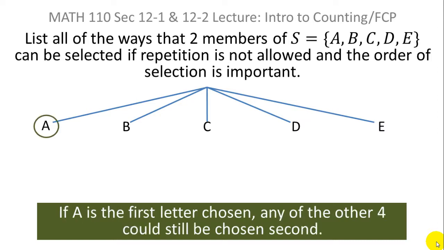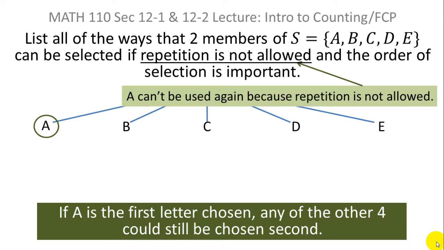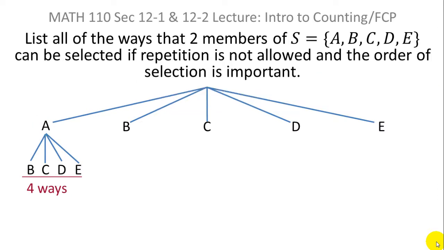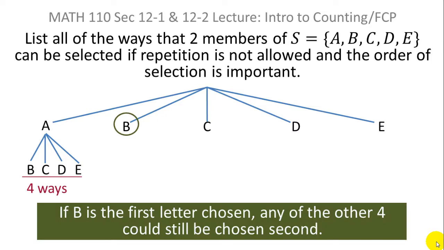But looking at A, I cannot repeat. So I can't use A again. That means I can only choose from B, C, D, and E. So instead of having 5 ways, I only have 4. Okay. Moving along to B, I can't choose B again, but the order is still important.